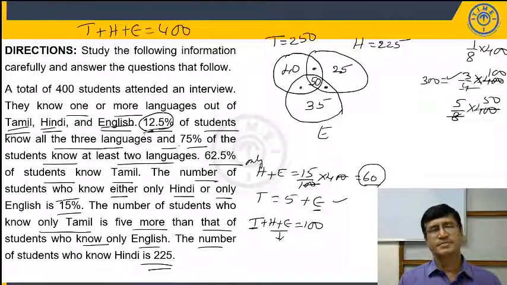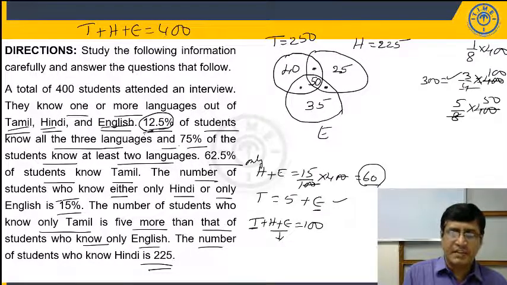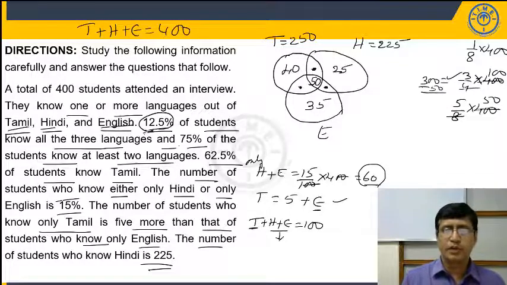Am I clear? Now, the sum of all these intersecting parts is equal to 300. In that 50 is already over. The remaining is 250, the sum of these values.